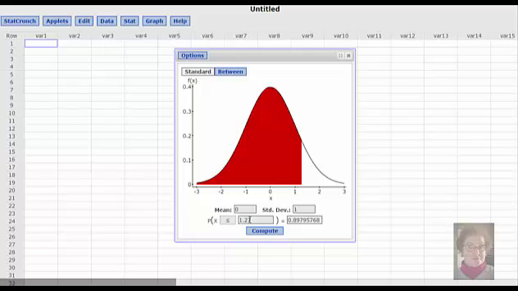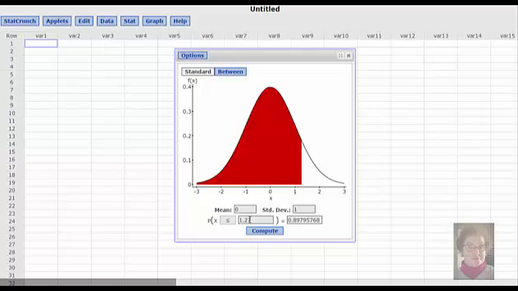0.8979 is the probability that a thermometer will read 1.27 degrees or less. I would like to see you translate that into percent, like 89.8% of the time a thermometer will read 1.27 degrees or less at the freezing point of water.